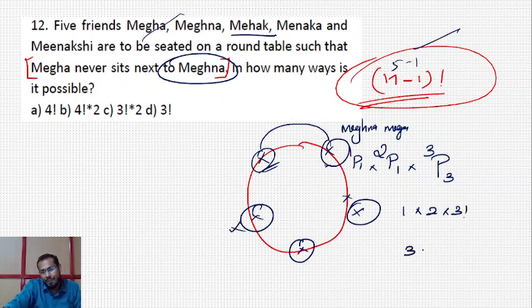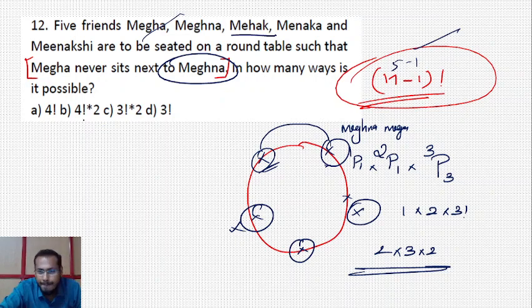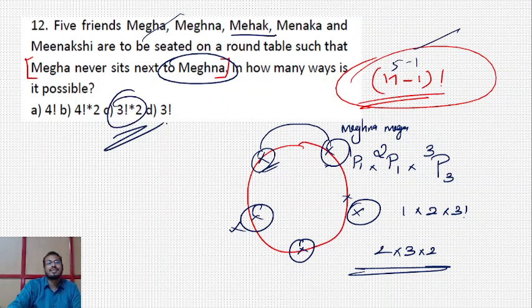What is 3 factorial? 3 into 2 into 1, which is 6, and 6 into 2 is 12. Answer is 12. But that is not given as an answer. How many ways is it possible? It should be 3 factorial into 2. Yes, here there's an answer. Oh my gosh, I can solve it.